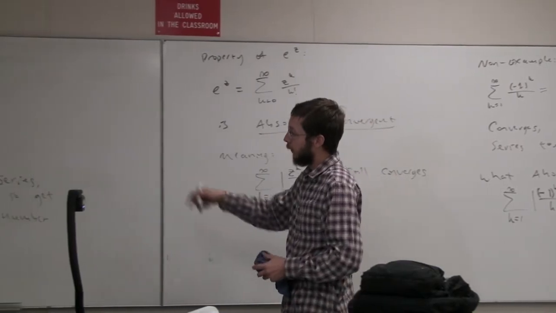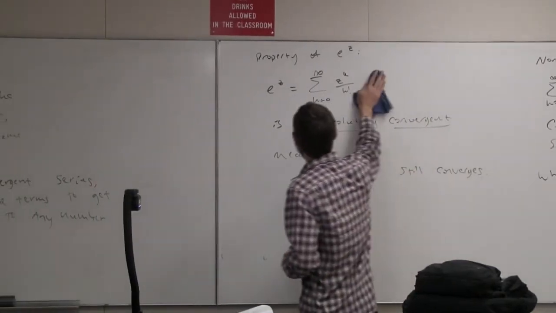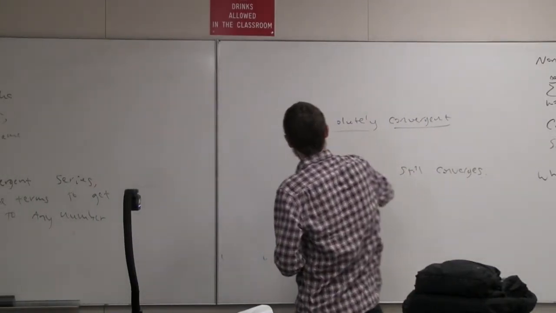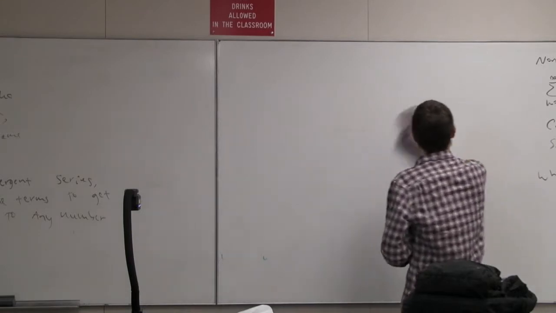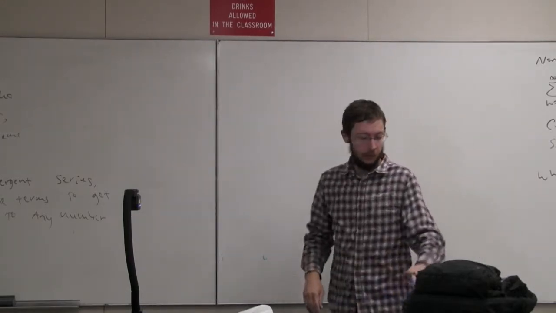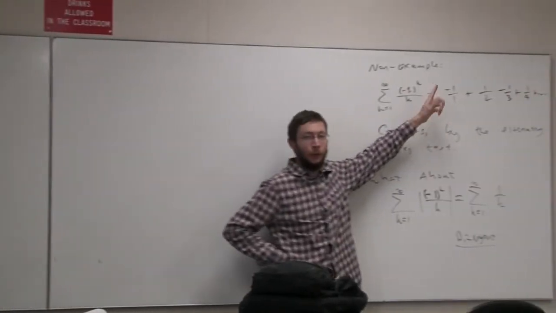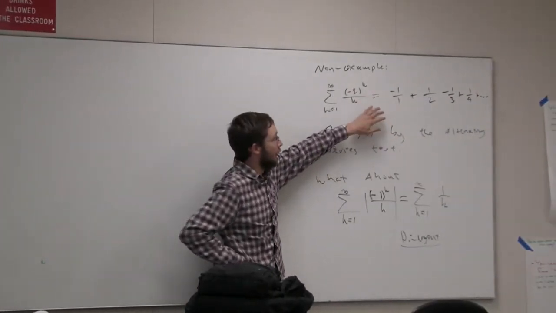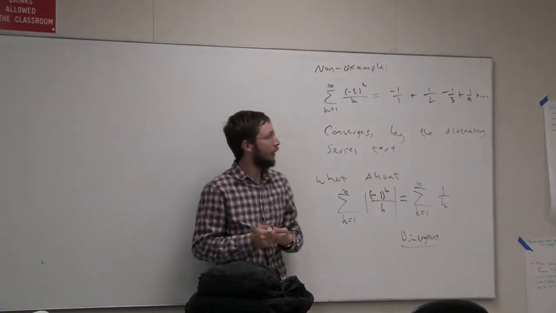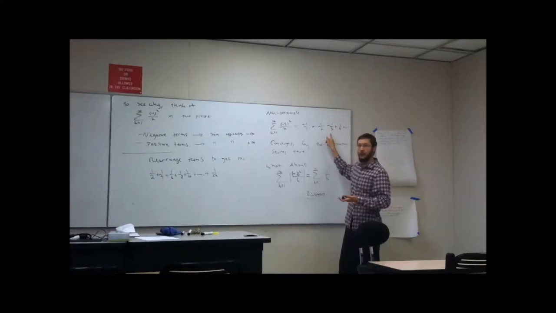And I thought it would be informative to just talk briefly about why that property holds. How is it that this sum here, you just rearrange things to get any value that you want? The answer is that, let's think of some of these negative terms.